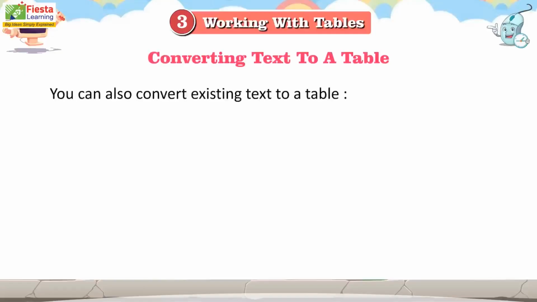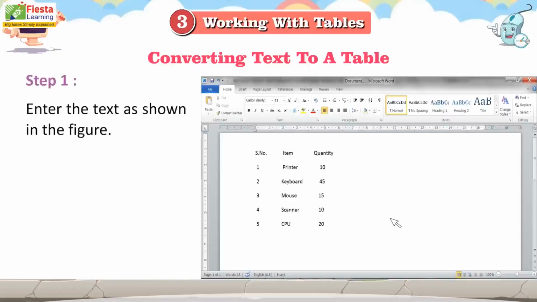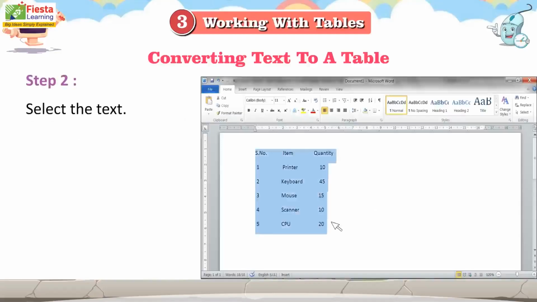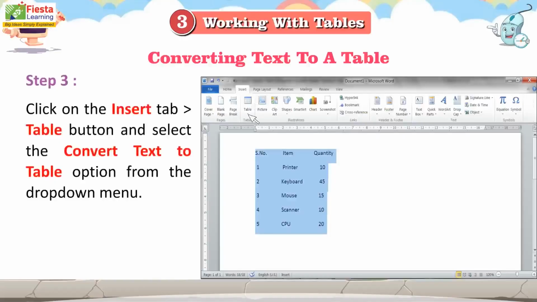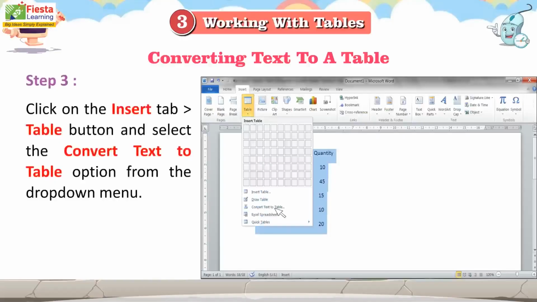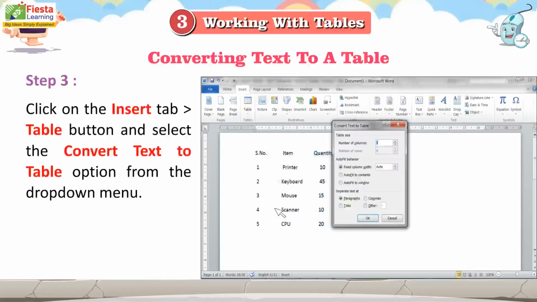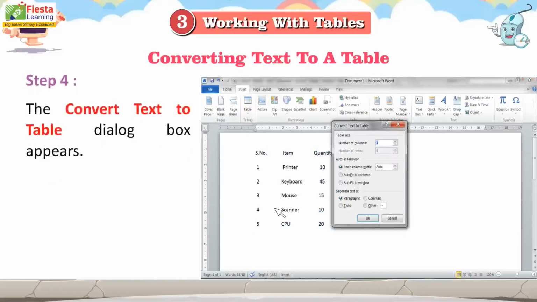Converting text to a table. You can also convert existing text to a table. Enter the text as shown in the figure. Select the text. Click on the Insert tab, Table button and select the Convert Text to Table option from the drop-down menu. The Convert Text to Table dialog box appears.